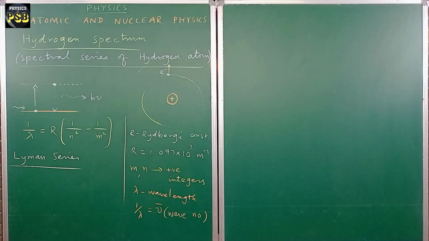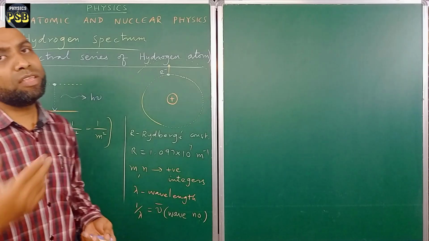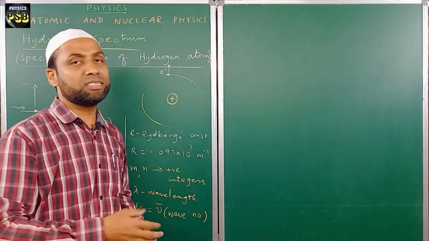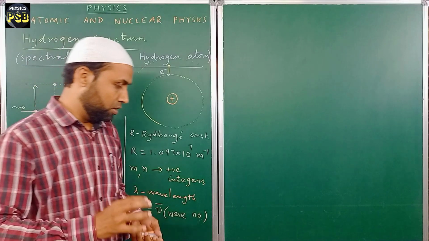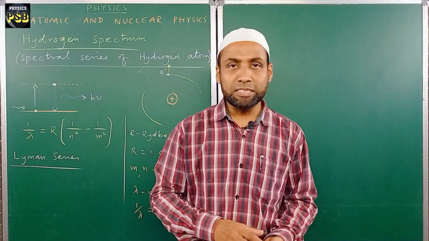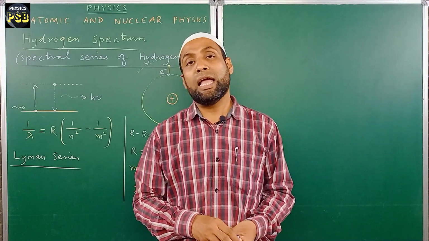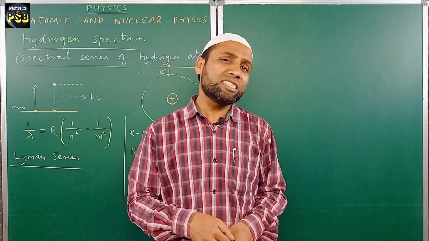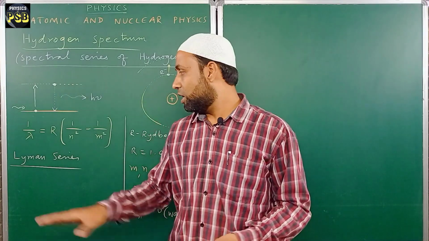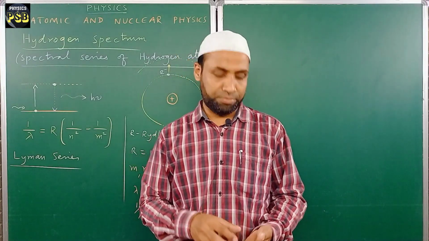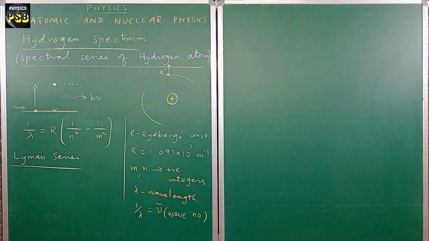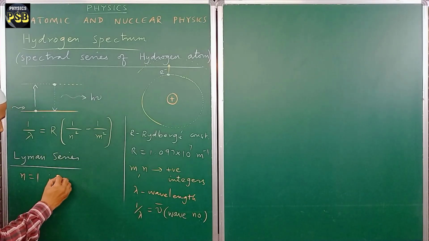When the transition takes place from any one of the energy levels to the first energy level, that is, when an electron from any other energy level jumps to the first energy level from the outer energy levels, it produces the Lyman series.